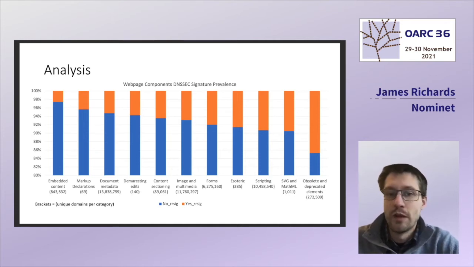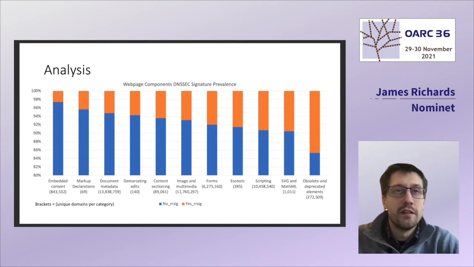Similarly, if we look at scripts, there are a couple of CDNs that are very popular that are used to deliver scripts to website templates that people use. And I think disproportionately that's had a positive effect on the impact of script delivery in the websites that we've scanned. So if we look conversely over at the left-hand side, you can see that embedded content is the least represented in the DNSSEC chart here.